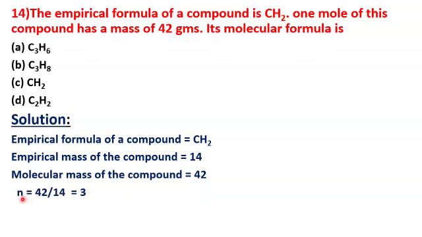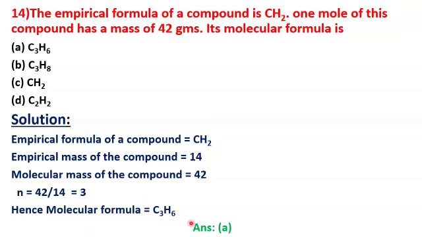We can calculate the coefficient n by dividing the molecular mass by the empirical mass. So 42 divided by 14 equals 3. So n times the empirical formula gives the molecular formula. So 3 into CH2. Hence the molecular formula is C3H6. Therefore the correct answer is option A.